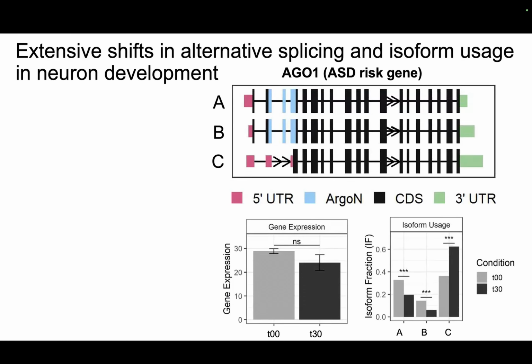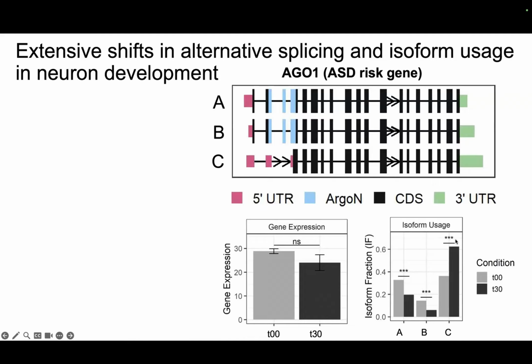But then when we look at the isoform usage of these 3 isoforms, we see that at time point 0, these 3 isoforms are expressed more or less equally. But at the neuron time point, T30, most of the expression of this gene is the 3rd isoform, C. So again, between gray and black, this black bar up here becomes greater.